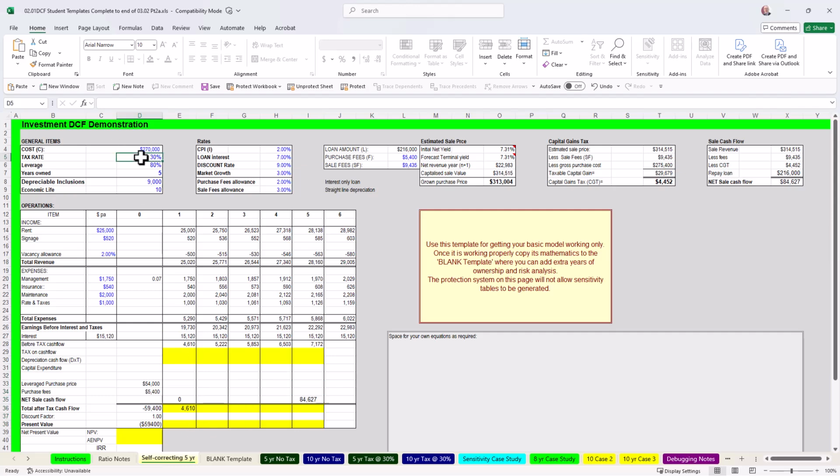I'm going to leave the tax rate in there. Equation has come down to us. What is it? Let's have a look. What we have is E28, which is the before tax cash flow. We are going to be taking off the tax, hence the yellow highlight.